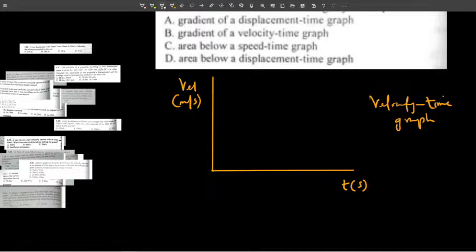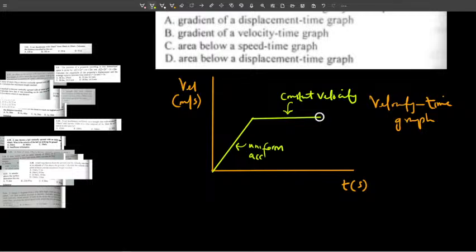Okay, so there are some lines that you should note here. Let me quickly sketch that out. When you have a line going straight up like this, we say this here is uniform acceleration. When the line goes straight like this and is not increasing, we say this here is uniform, or constant velocity.